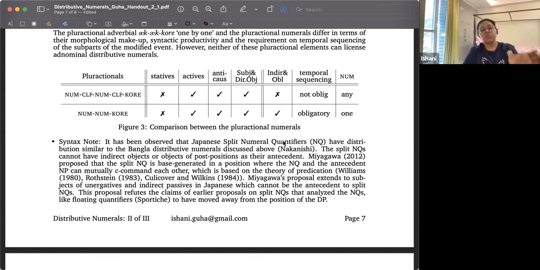So when I distinguished between these two kinds of forms, I used that background literature.